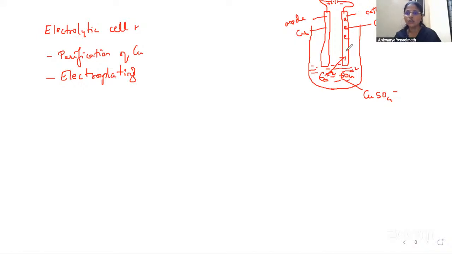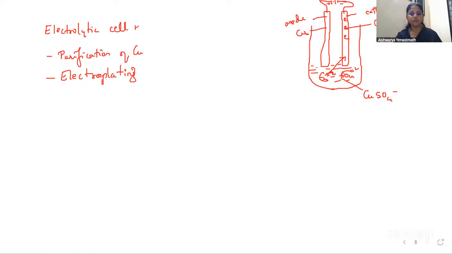They will take those electrons and go on depositing on this cathode. So Cu2+ ions from the solution will move towards the cathode. There is gain of electrons. So what is gain of electrons? Reduction. Red cat: reduction is occurring at the cathode.